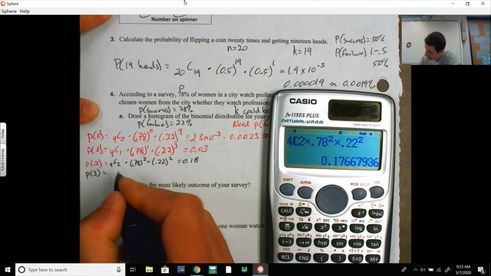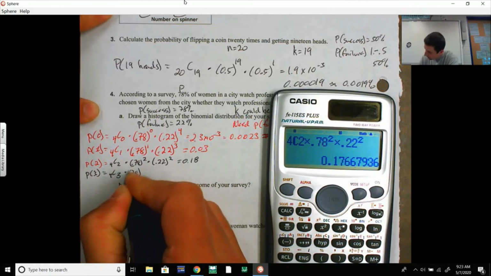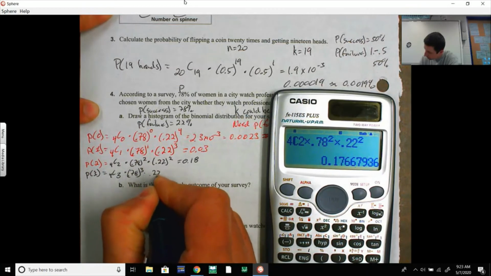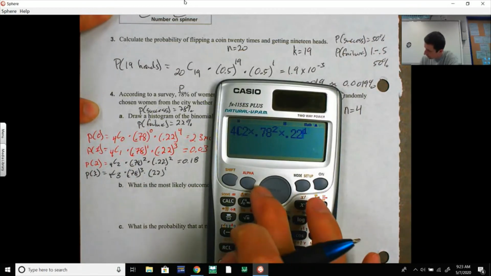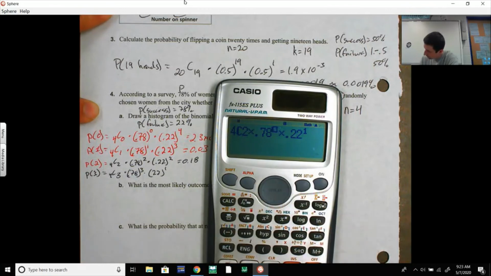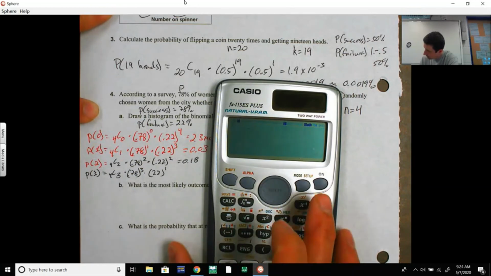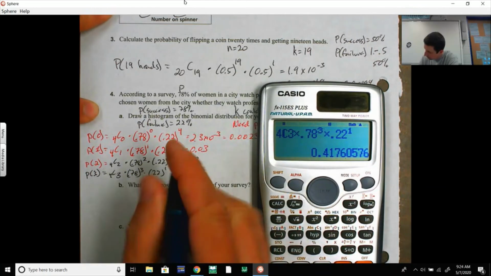Probability of 3 would be 4 choose 3 times 0.78 to the 3rd power times 0.22 to the 1st power. And we want combinations of 3. That's 0.41.